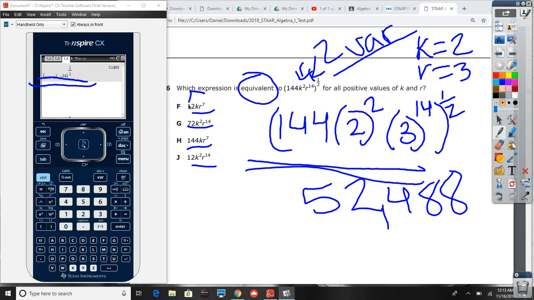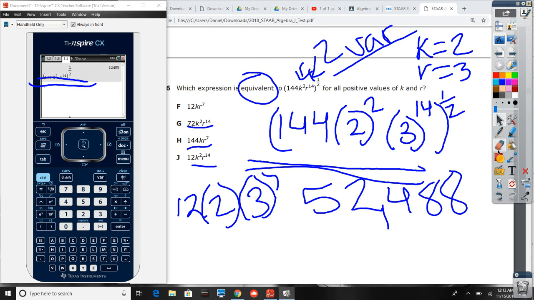So let's try the first one, right? On this one, we're going to try that one. So let's do 12 parentheses. The k is 2, the r is 3 to the 7th. So I'm going to go to my calculator and type it in. Let me erase this mess that I have going on there.